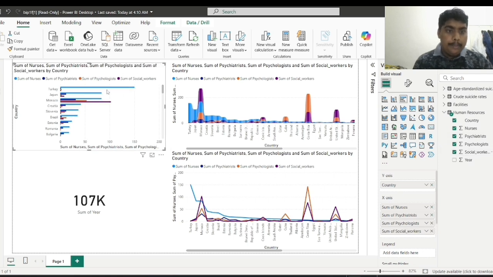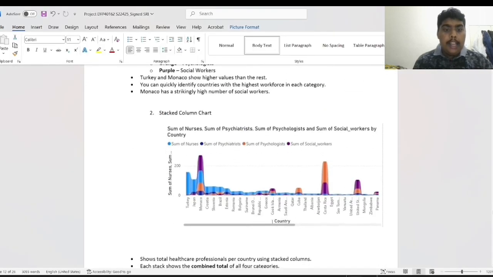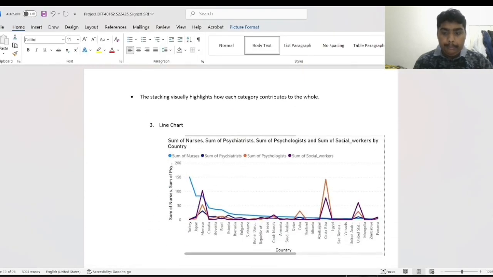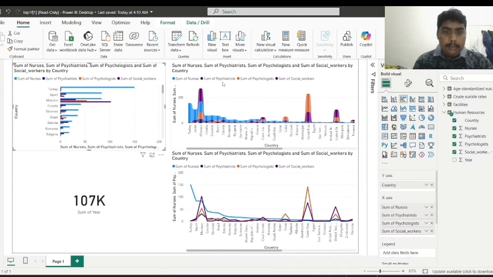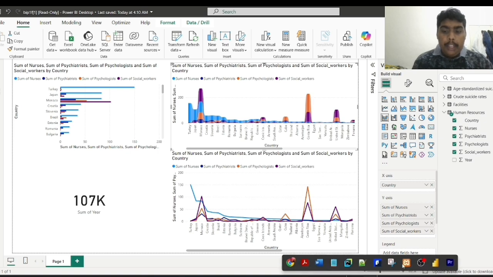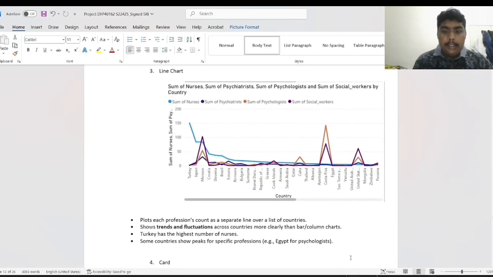This is the visual. So next, moving on with the stacked column chart. For the stacked column chart here, I use the same data to visualize the data, following with the line chart.